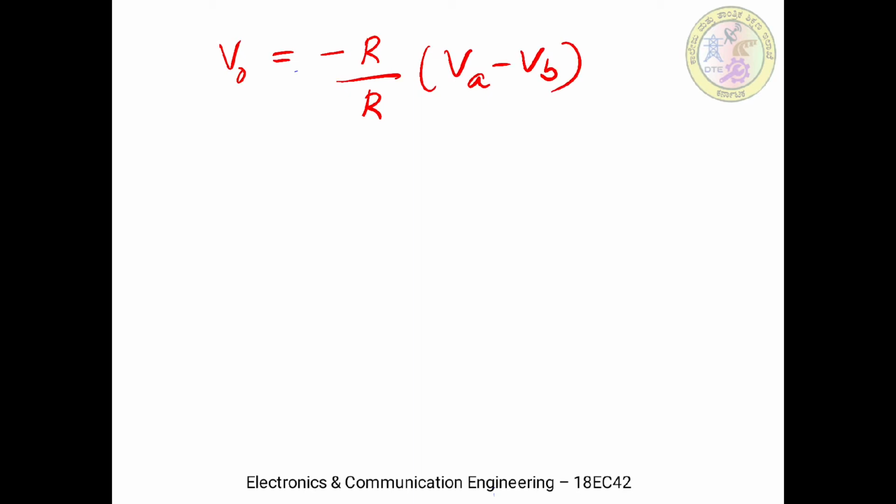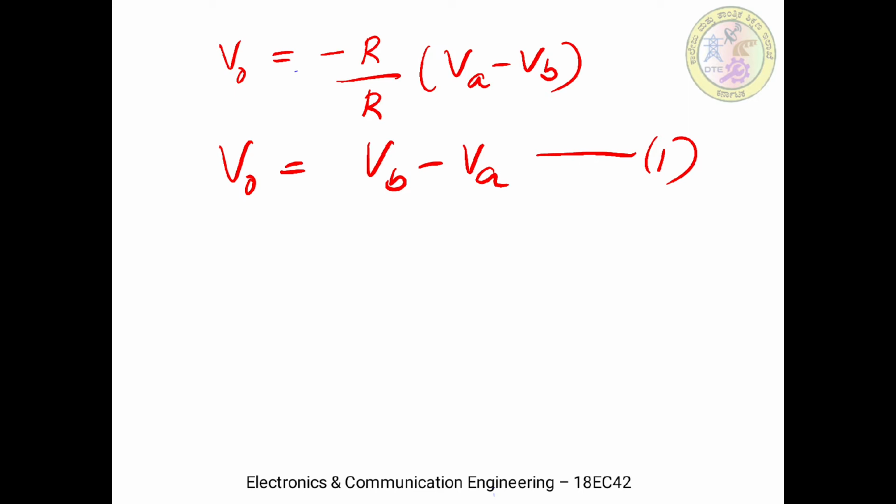As all the resistors used in the circuit have the value R, V0 is equal to minus R by R, VA minus VB, or we can write V0 is nothing but VB minus VA. This is our first equation.